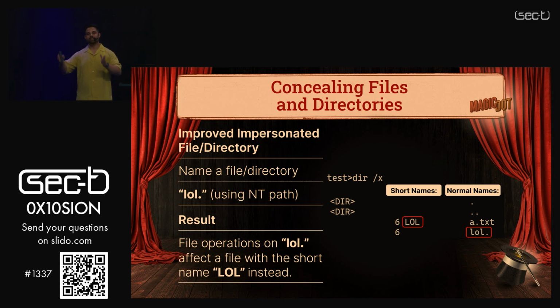So any operation taken against LOL dot actually is taken against a.txt. And these short names, as far as my check goes, you cannot view them in any other way than just specifically running the command dir /x or using the very specific API that is meant for retrieving short names of files. So this is pretty much hidden as well.